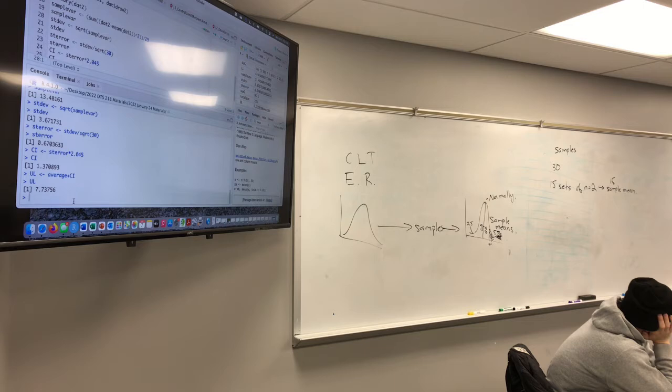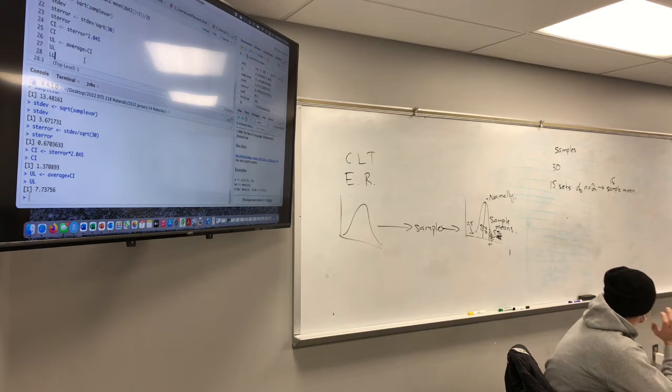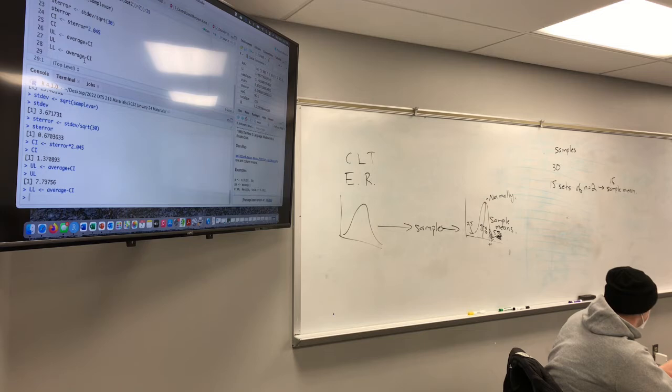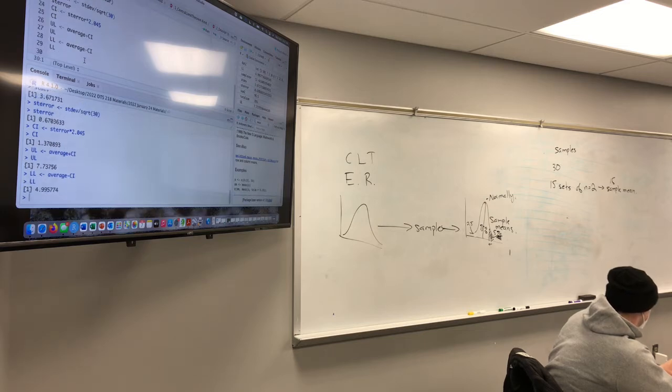And we can calculate the lower limit by subtracting the confidence interval range from the mean. So we make the lower limit equal to the average minus the confidence interval, which gives us 4.995. Is that right? Is that what you guys got?